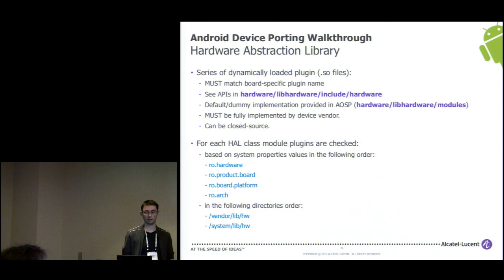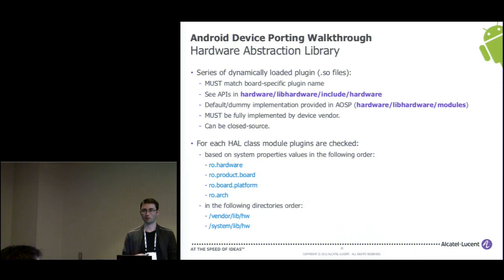So again, this hardware abstraction library consists of the different plugins that are loaded. What is tricky is that these have to follow some API, which is barely documented for some devices at least. The API is defined in the hardware/libhardware include hardware directory within the AOSP, and Google provides some default implementation.